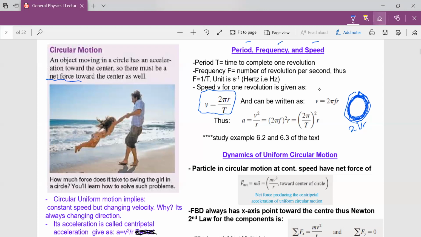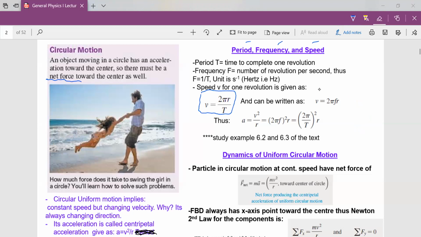So you see that we did not just import 2 pi r into the equation, okay? It came from our understanding of existing concepts. So this gives us the relationship between the speed, the time, and also the frequency.